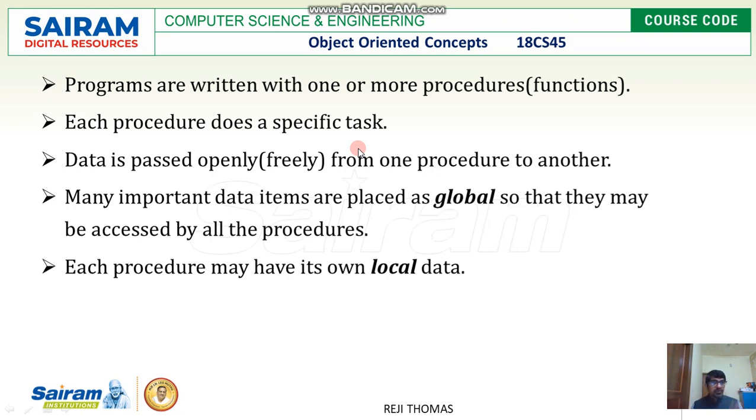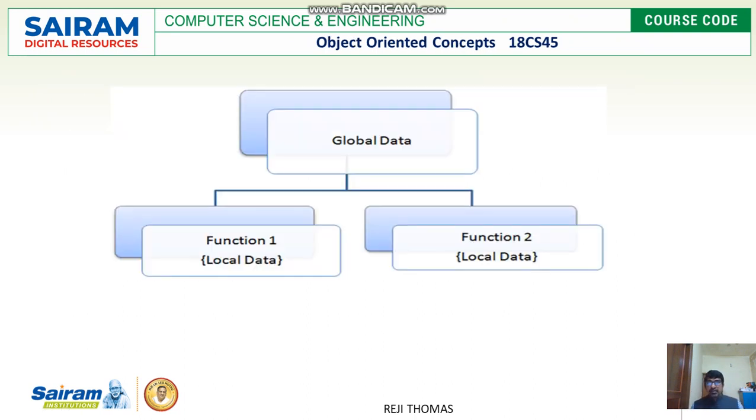But normally, when we place something in the global aspects, there is no security, and every procedure will have its own local data. These are all the basics of procedure oriented programming. The global data can be accessed by every procedure.